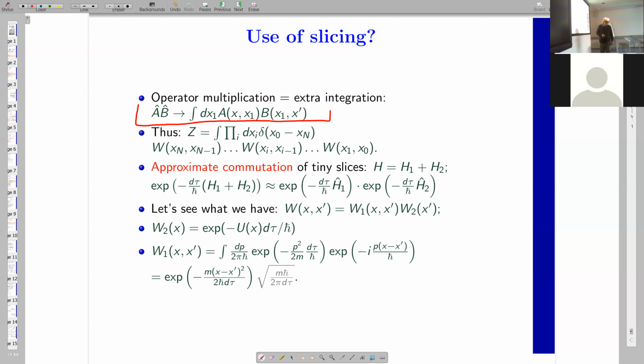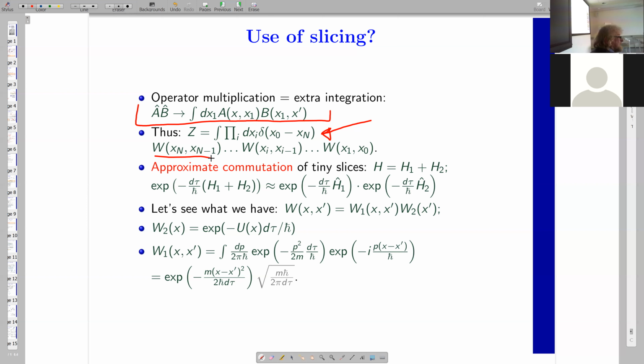And since you want to make a trace, you have to make the last and first variable equal, which I incorporated with this delta function. Trace of a big exponent, and each W is this little exponent of a slice.